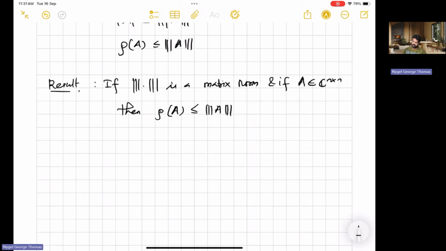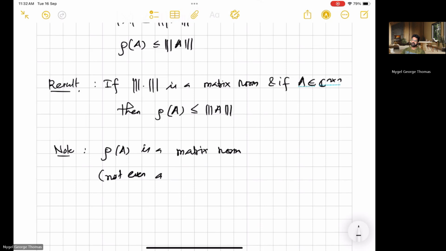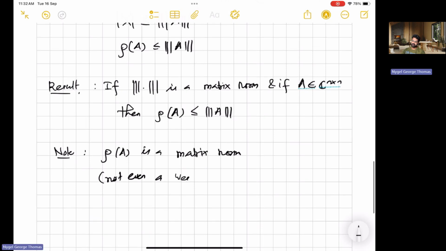But there's one thing to note: rho of A is not a matrix norm. The spectral radius is not a matrix norm, or even a vector norm on C^(n²).